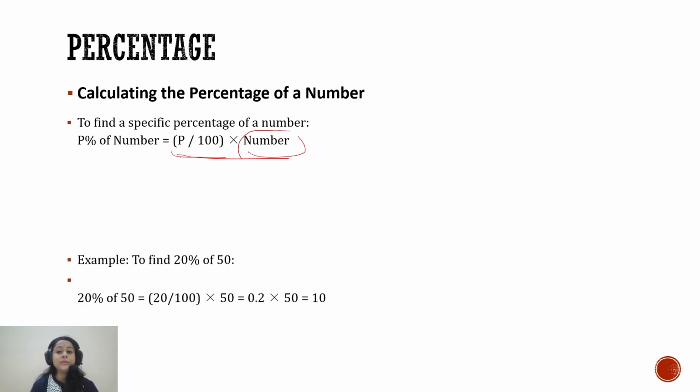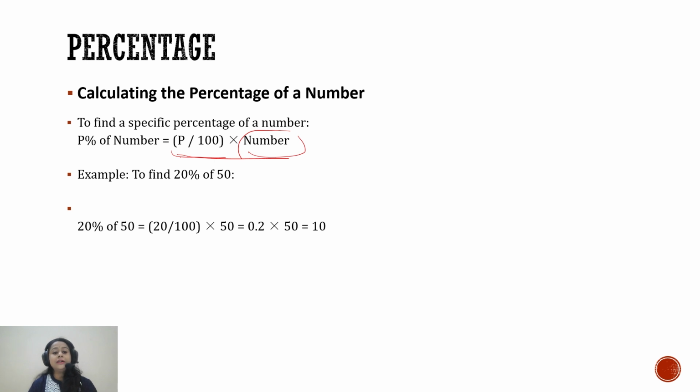I'll give you a numerical example which will make more sense. We have to find out 20% of 50. So the total value is 50, and we want to find out how much is 20% of 50.